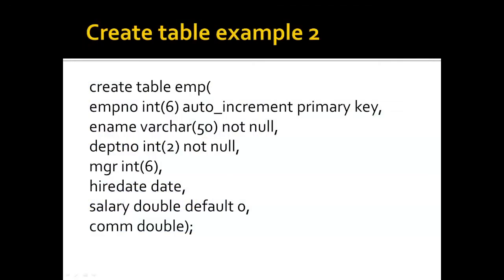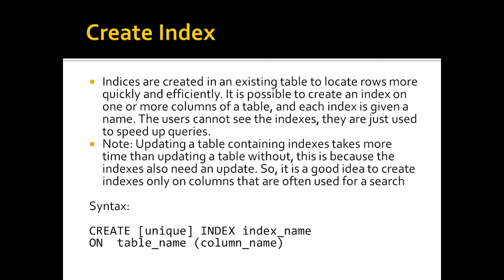So let's proceed. Create index. Indices are created in an existing table to locate rows more quickly and efficiently. It is possible to create an index on one or more columns of a table, and each index is given a name. The users cannot see the index.